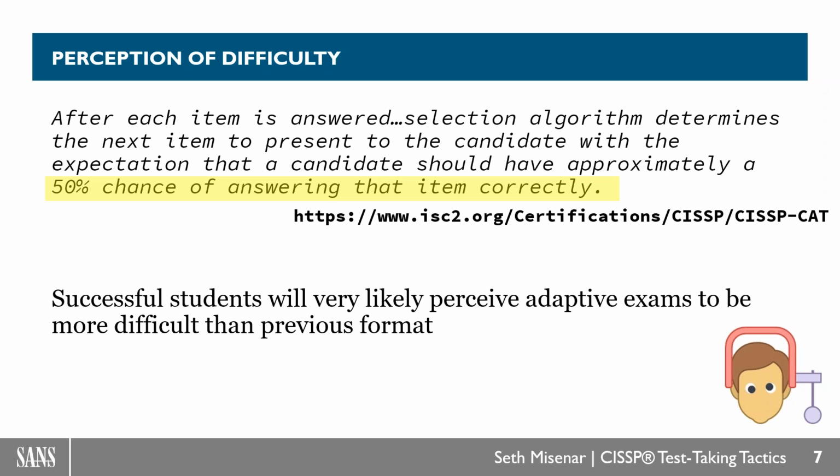That's its goal. Now, early on in the exam, it doesn't really know you. So it doesn't have a great sense of whether this one's a 50-50 chance of getting right or wrong. But as you get along in the exam, the engine understands you better and has a better sense of your skill and is going to be presenting more appropriate questions.